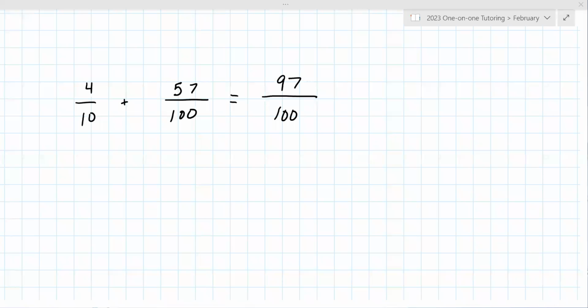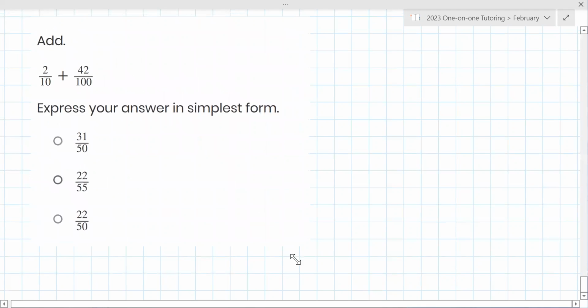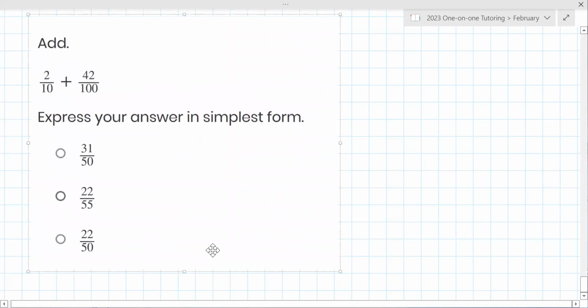So here is another problem for us to look at. So you're going to add up the fractions just like we've been doing. So I want you to add those two fractions and then tell me your result when you're done.